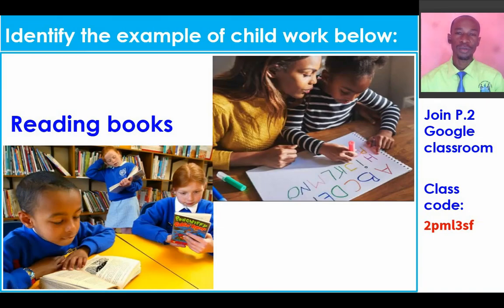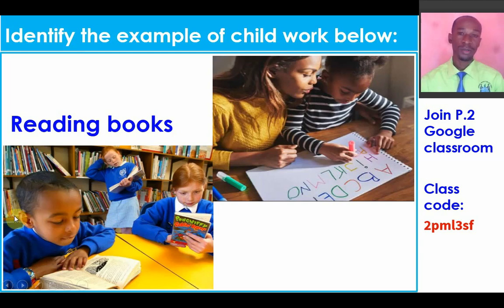As we look at school, we know very well the things that take place at school. We have some activities, so we need to begin by identifying the examples of child work below. Just like in the first example, I gave here reading books, and you can see in the picture what these school children are doing.